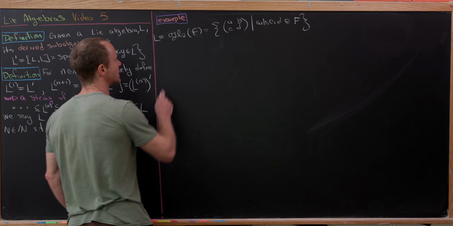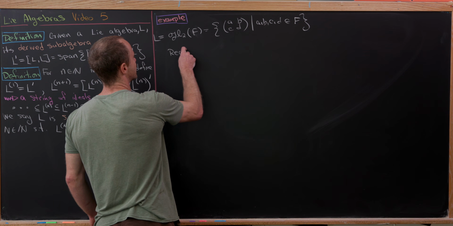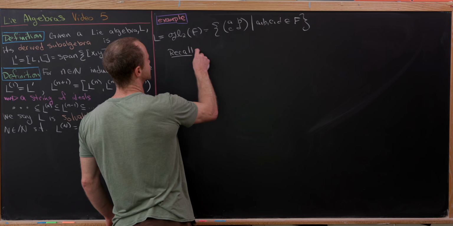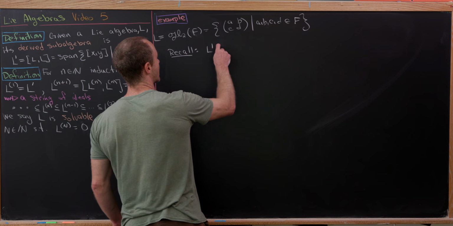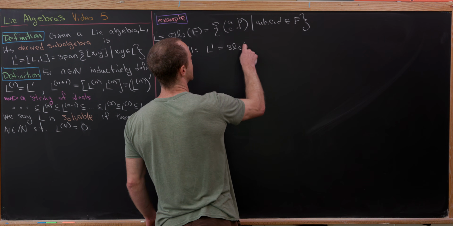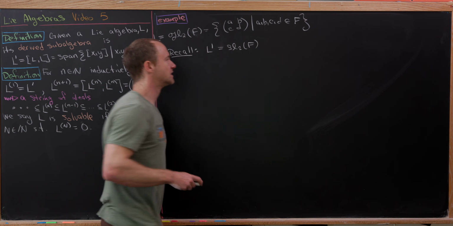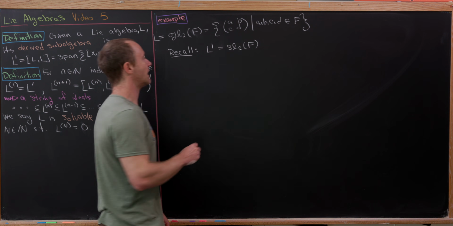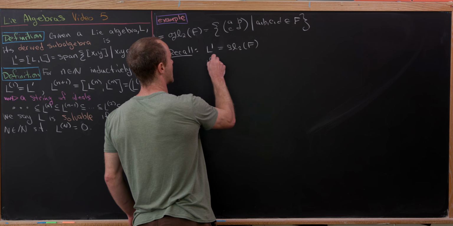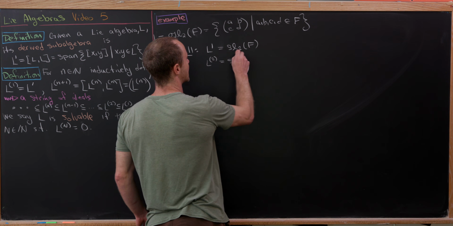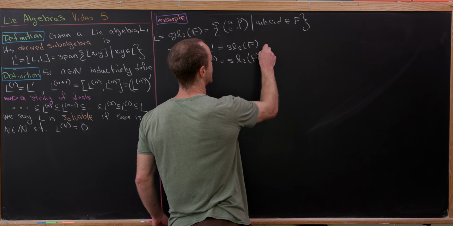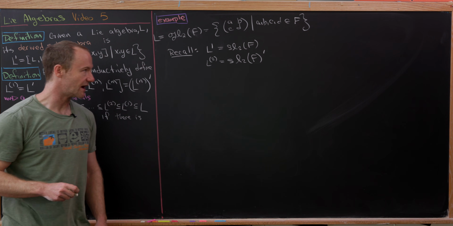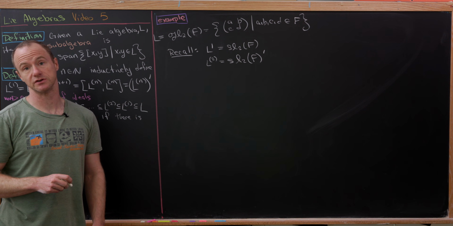So let's maybe recall the following fact, which we did in a previous video, and that is that L prime here will be SL2F. So that's pretty easy to check just computationally. And then also L upper 2, well, that's going to be SL2F prime. In other words, the derived subalgebra of SL2F.